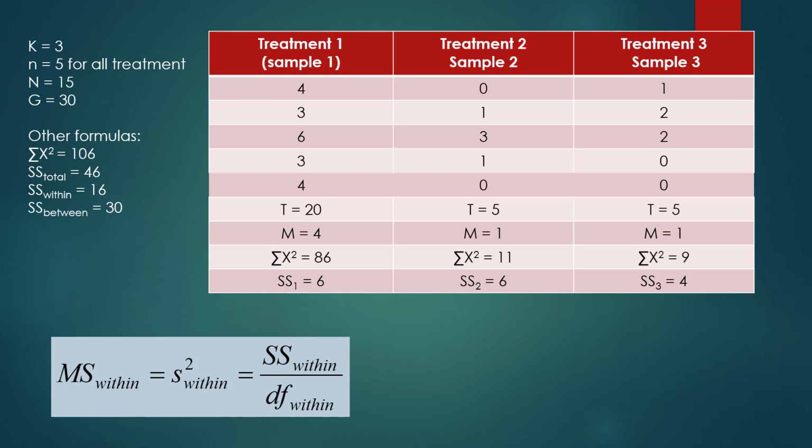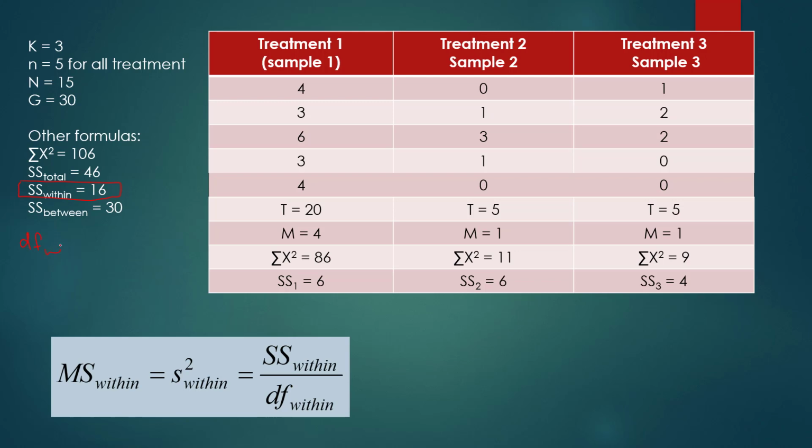Now we're going to calculate the mean squared for within. So again, we need our sum of square deviations from within, and that's this value here. And again, if you're wondering where these values came from, we calculated them in the previous video when we calculated the sum of square deviations. You could look back in the lecture notes or refer back to that video for more information. We also need our degrees of freedom for within.